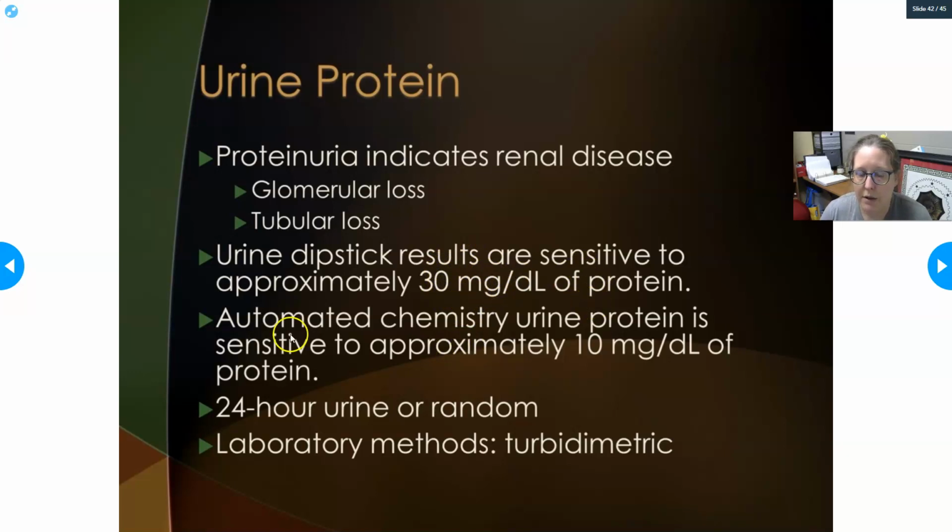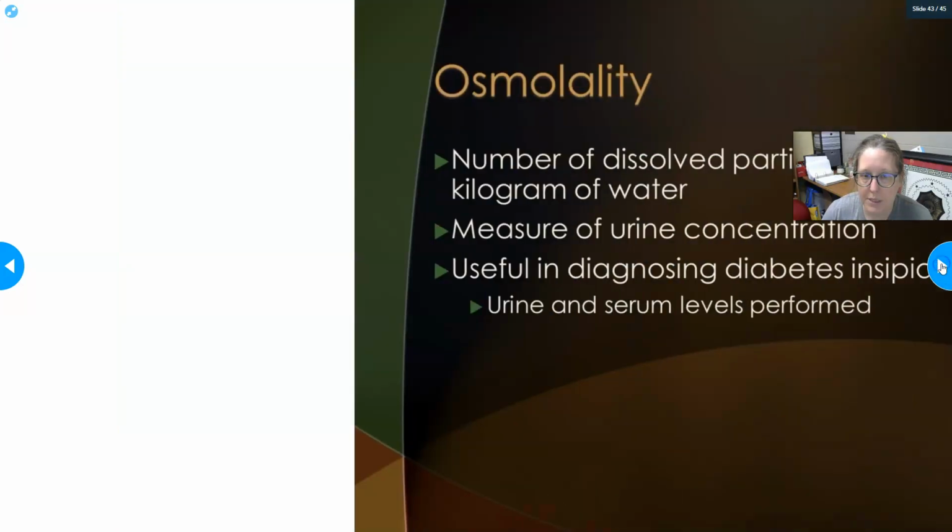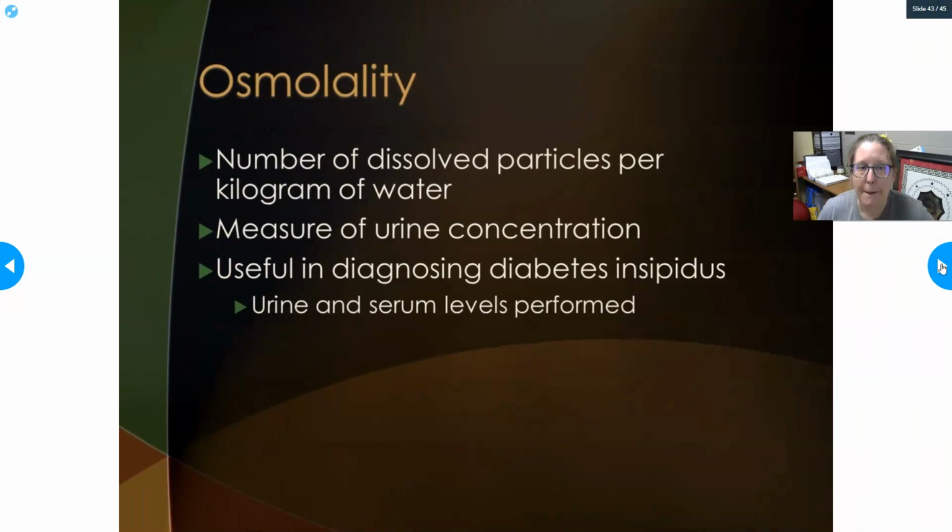And some of the automated chemistry urine proteins can go down to about 10 milligrams per dl of protein. So, yeah, pretty low. And you can do urine proteins on a 24-hour urine or a random urine. And lab methods are usually turbidimetric for that assessment, so, based on turbidity measurements.